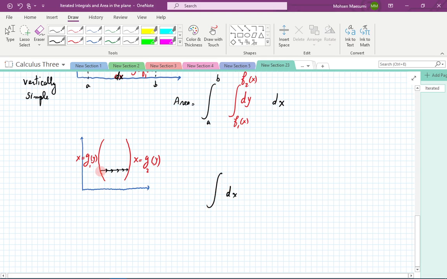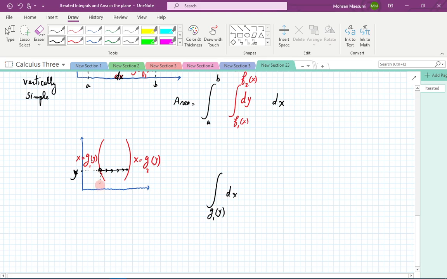What is my starting point? My starting point is g1 of y, meaning what? Here I had some x, and my starting location, as a function of y, is g1 of y.